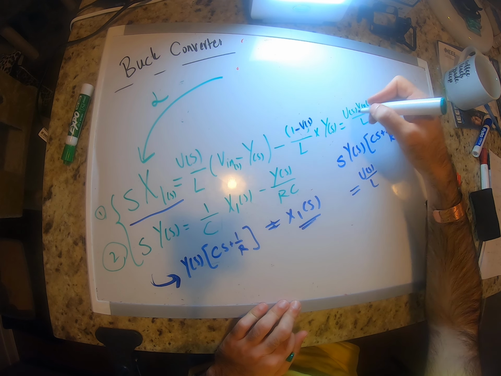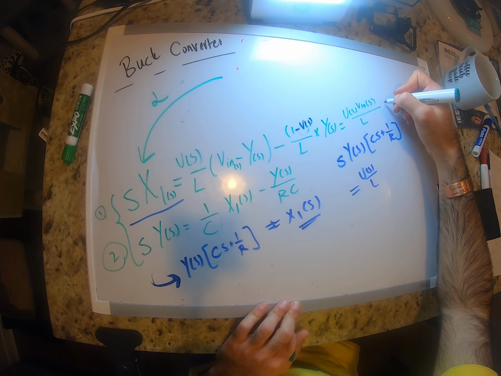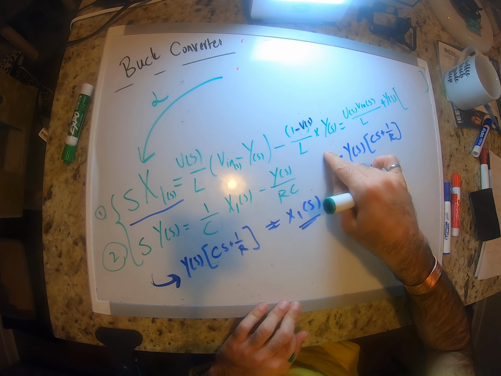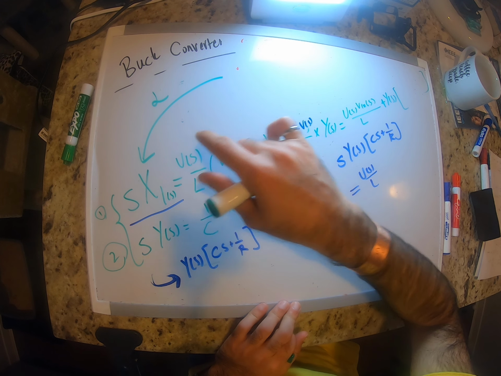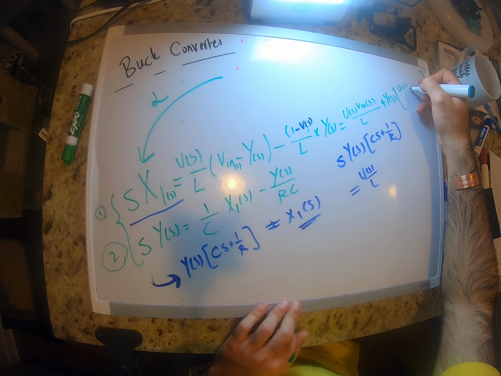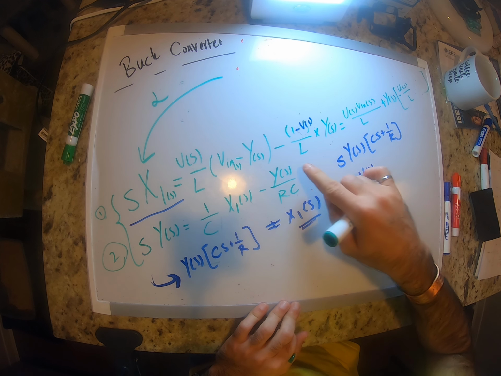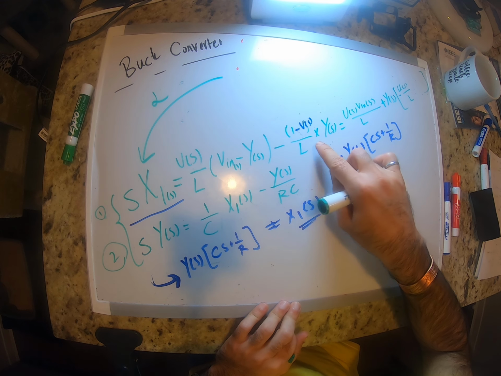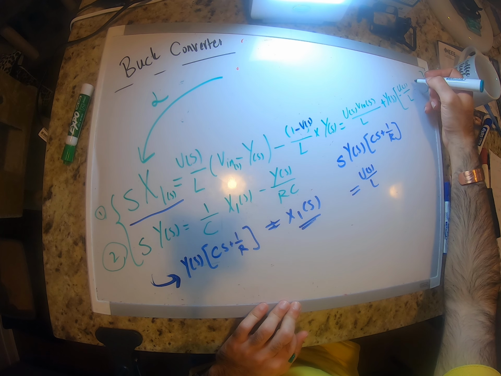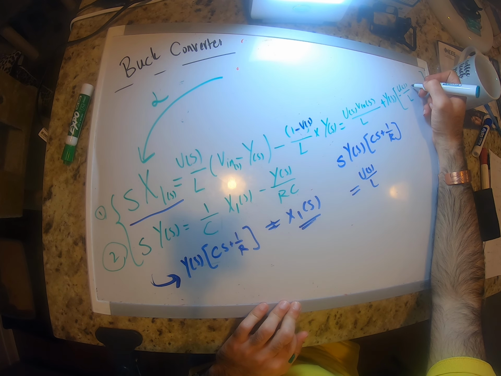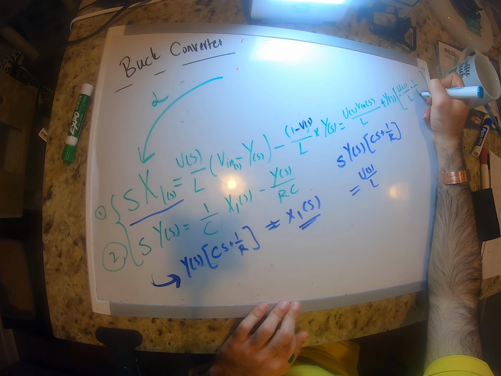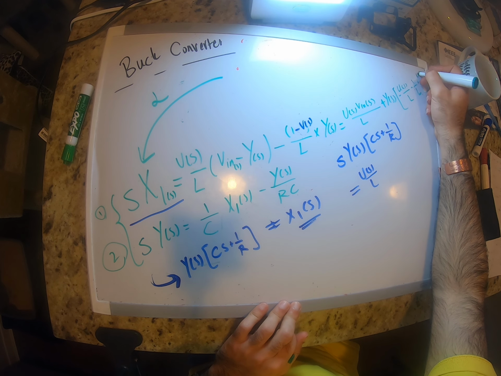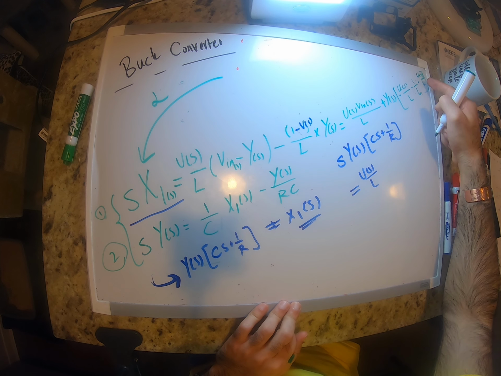Okay, and let's factor out Y of S. How many terms do we have here? We have a U of S over L with a negative sign. We have minus 1 over L and a U of S over L with a positive sign.